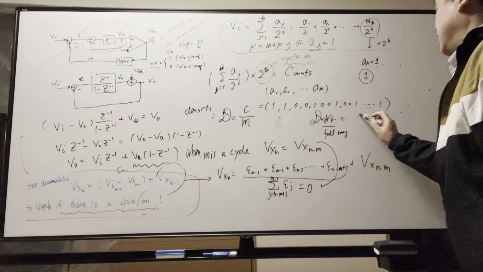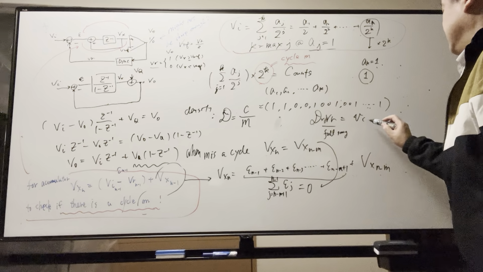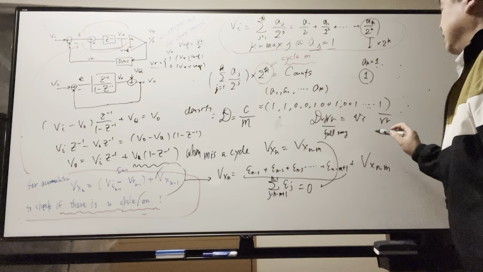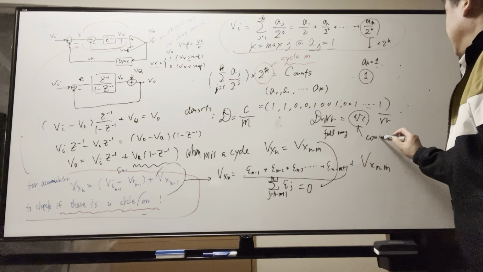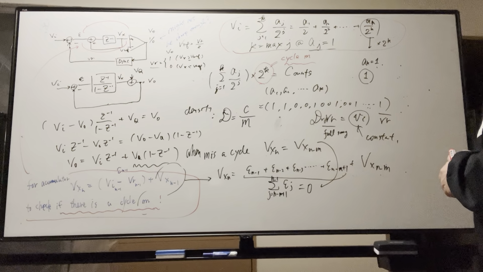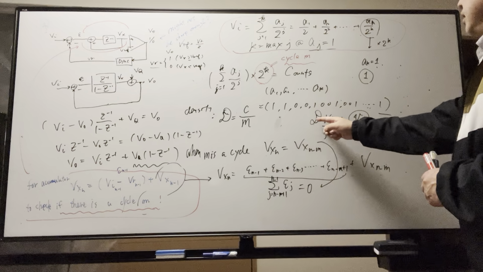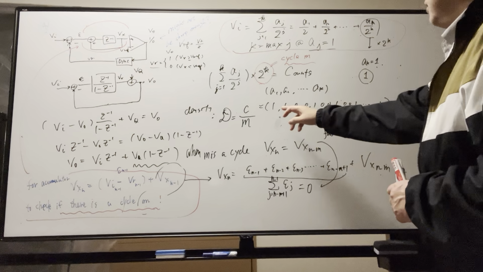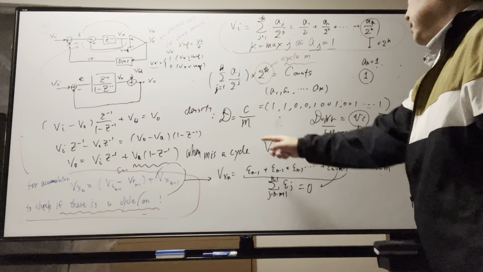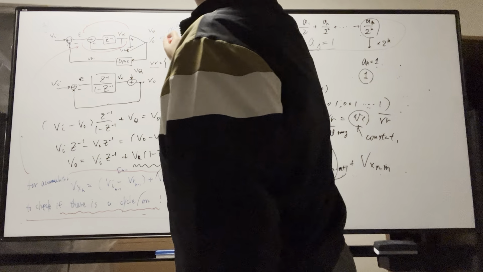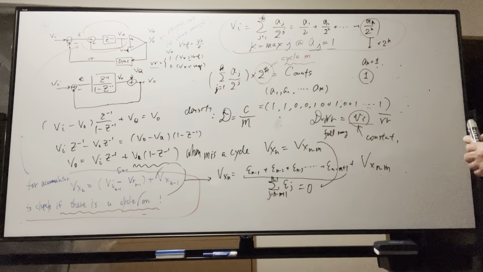Density times full range gives the average value of Vi, where VR is constant. So if VR is 1 and the density is 0.75, the input is exactly 0.75, 75% of 1, within the existing cycle M. So this density makes a very good approximation for Vi.